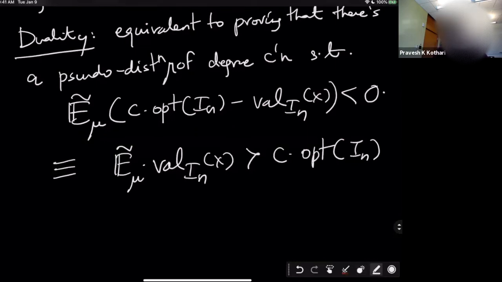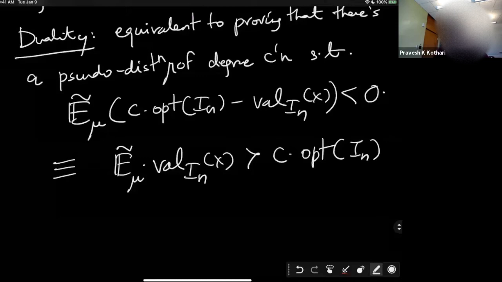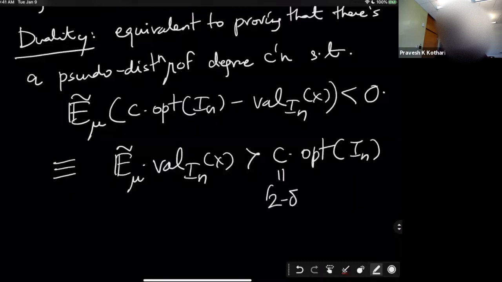So basically, to prove this theorem, all I have to do is prove that there is a pseudo distribution of some C prime n degree such that this val in, the fraction of constraints satisfied by an assignment x polynomial, takes a value much bigger than C times opt in. And remember, C was some fixed constant smaller than 2. So let's call it 2 minus delta. So find me a pseudo distribution under which the pseudo expectation mu of val inx is bigger than 2 minus delta times opt.